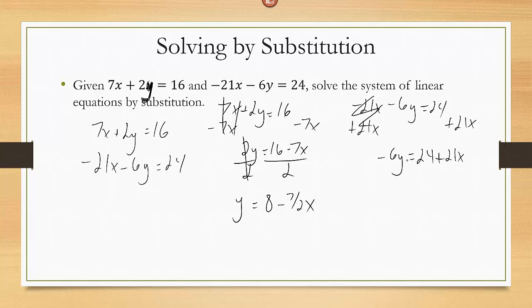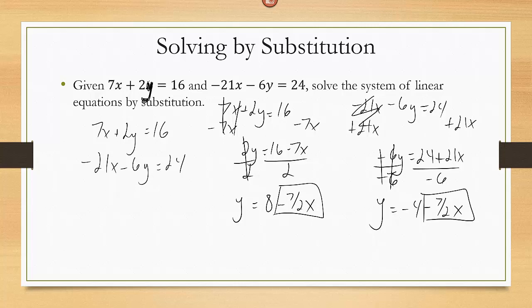Now to get y by itself, let's divide by negative 6. These negative 6 cancel, so we're left with y equals 24 divided by negative 6, that's negative 4, and 21x divided by negative 6, that's going to be negative 7/2 x. Looky there.